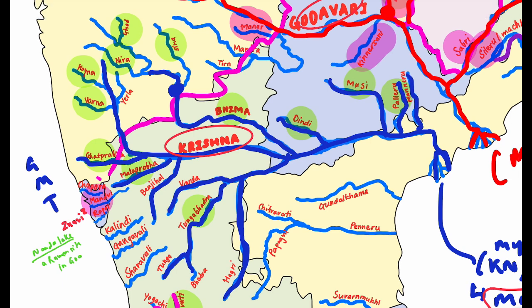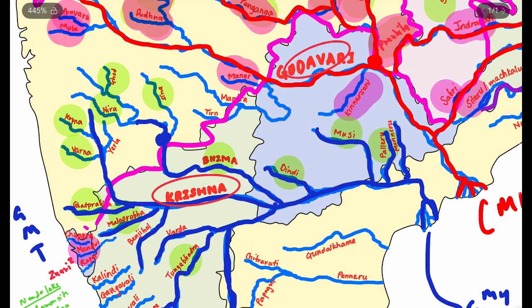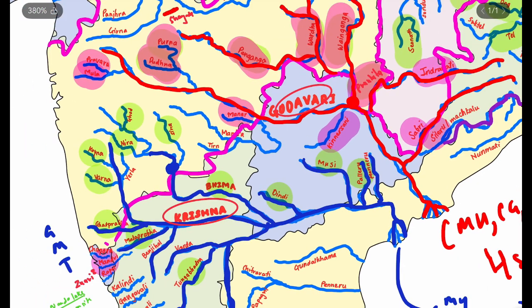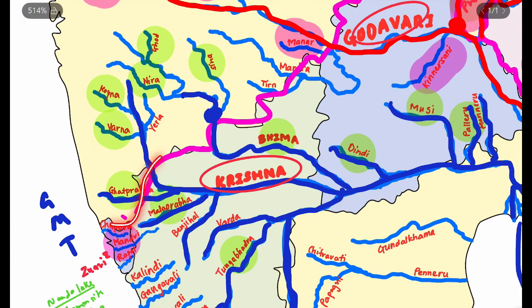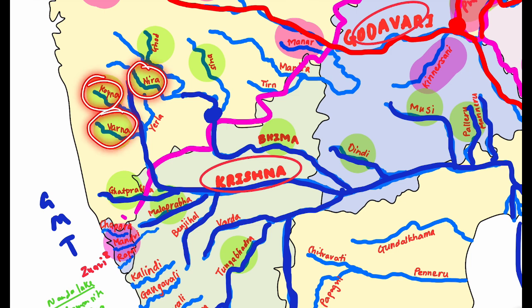So let's see some important tributaries of this. Okay. Here it is Maharashtra. So it originates in Maharashtra. So Koyna, Varna, Neera, Gond, Sina, all these are tributaries of Krishna.